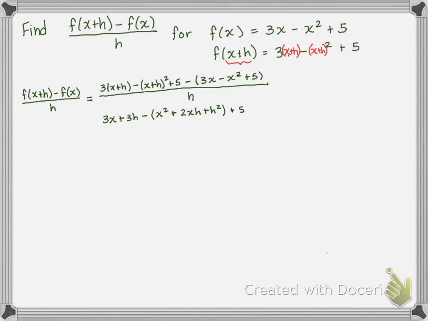Notice that I kept that in parentheses, and the reason is that I have a negative sign in front of that expression or that term that I haven't done anything with yet. And so I can't do this because I haven't taken care of that negative. And then I can distribute the negative over here. Minus 3x plus x squared minus 5.